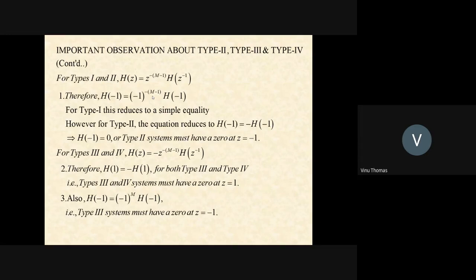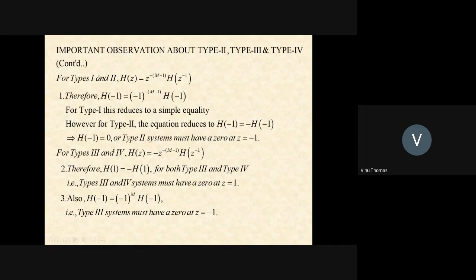So minus 1 raised to minus (m minus 1) will therefore reduce to 1. For type 1, therefore, you have a simple plain equality which states that h of minus 1 is equal to h of minus 1. So you don't get any information from that. You just have a plain simple equality. So you might have a zero at z equal to minus 1, or you might not have a zero at z equal to minus 1. You cannot make any conclusion about that.